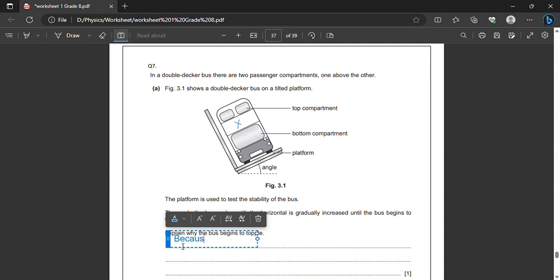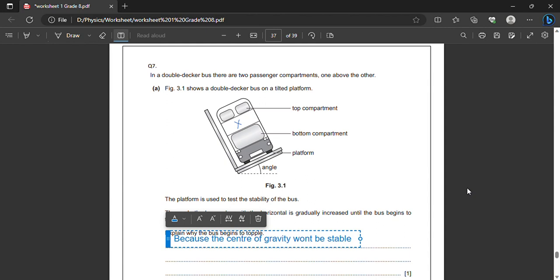So that's the answer: because the center of gravity won't be stable.